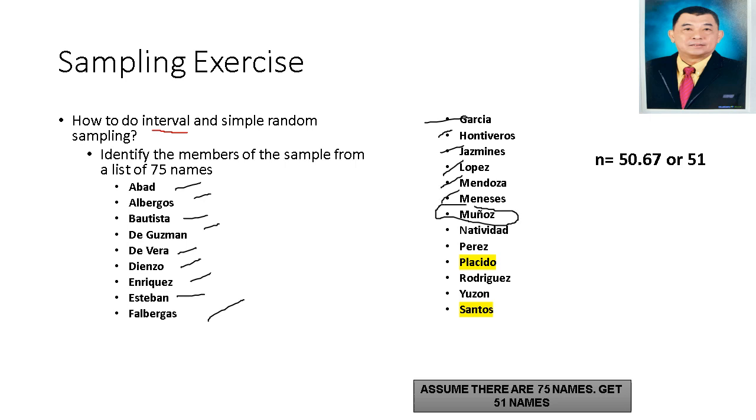So we start at Muñoz, and then with an interval of 3, 1, 2, 3, we have Placido, 1, 2, 3, we have Santos, and so forth and so on until we get the 51 sample size. These names were given in the directory of the Homeowners Association.